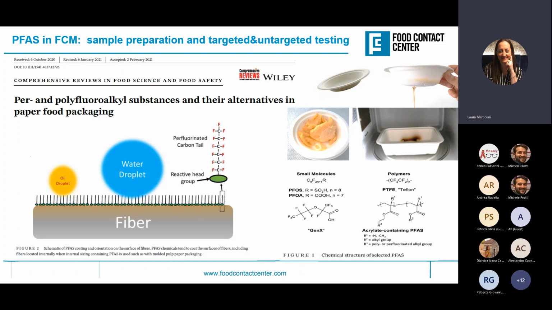It's interesting that many times when we find a low concentration of PFAS, we have some troubles. For example, in this picture, this was my hand.